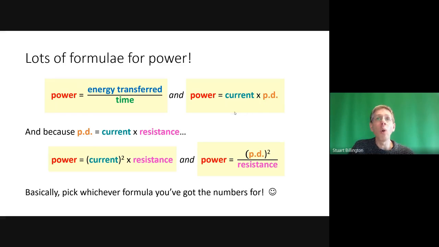So if you want to know what the normal working current of a device is, you just go look on the box, look on the packaging, or look on the back of the TV or the bottom of the kettle or something like that. Find out what the power is. It's the number with the W on it, the number of watts. Find the power, and then all you need to do is divide by 230, because the mains electricity is always 230. And that will tell you the normal current that's running through a device.